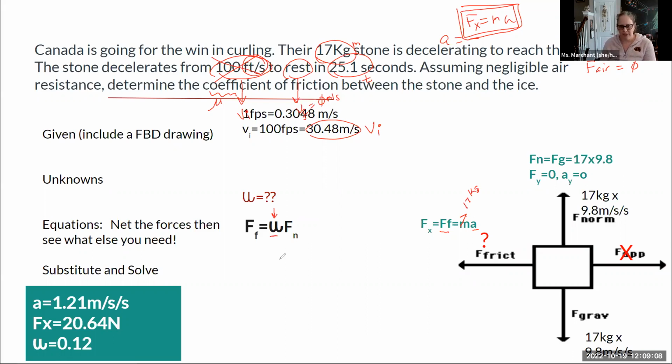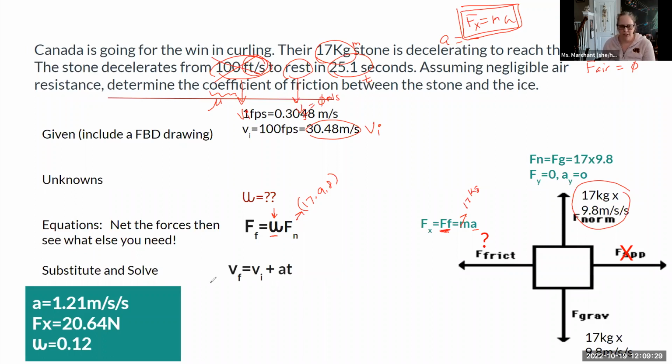So I need the force of friction and the normal force. Do I have the normal force? I do have the normal force, 17 times 9.8. I don't have the force of friction. But as I was talking about before, if I have the acceleration, I can find the force of friction. So what is my velocity equation that I can use?